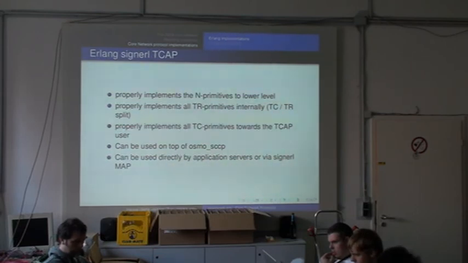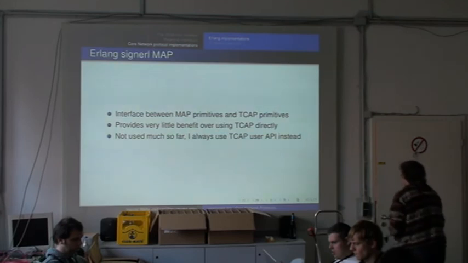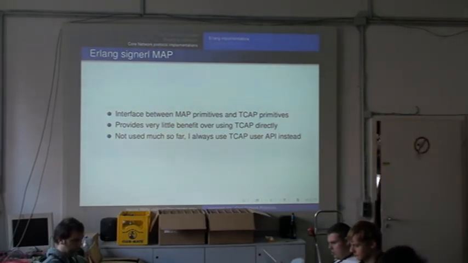You can use it directly, or there's also a Signal MAP implementation, but I personally don't like it actually, because if you look at the specification, TCAP almost does everything, and MAP doesn't really do much, because TCAP already gives you the component portion of the stuff that you received, and then all MAP does is run it through the ASN1 decoder for the MAP message, and that's sort of it.